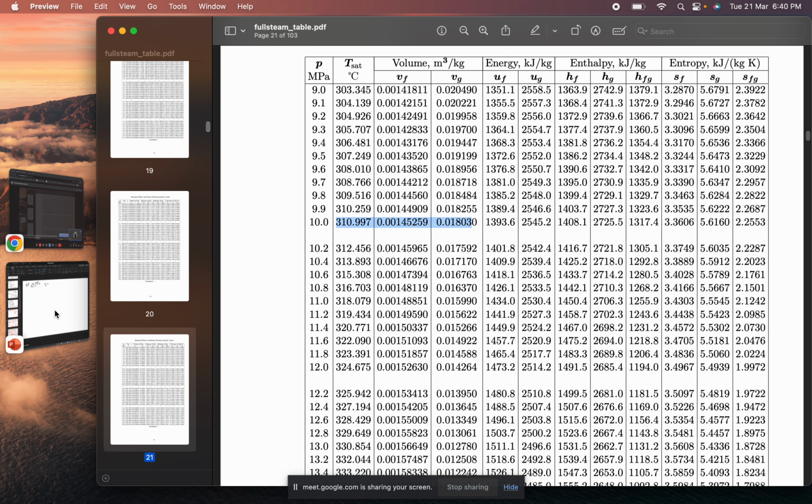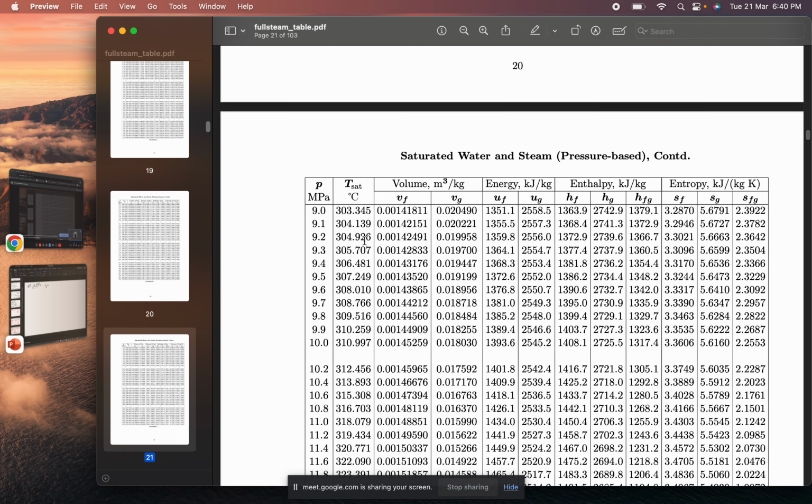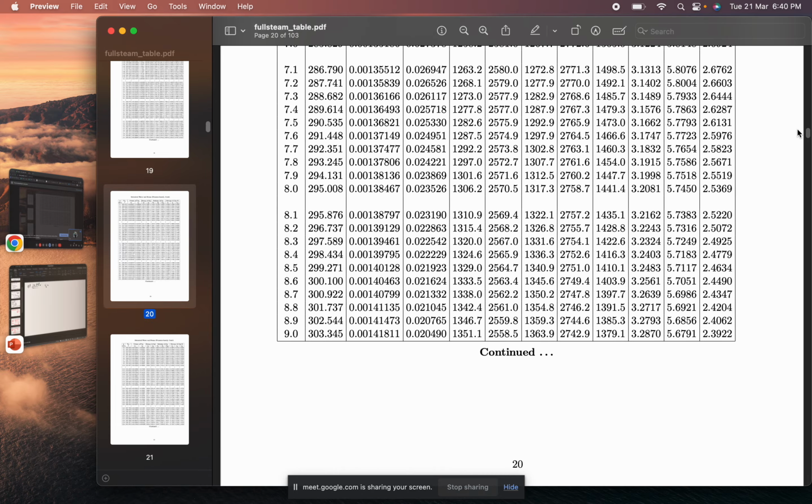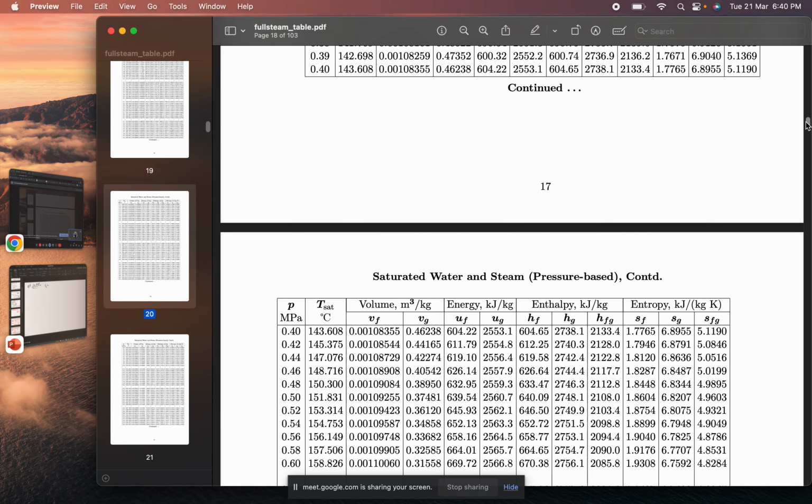Sorry, 100 kilopascal is not 10 megapascal, it is 100 into 10 to the power 3 pascal. So this is 0.1 megapascal. I'm very sorry. So I need to go at 0.1 megapascal.